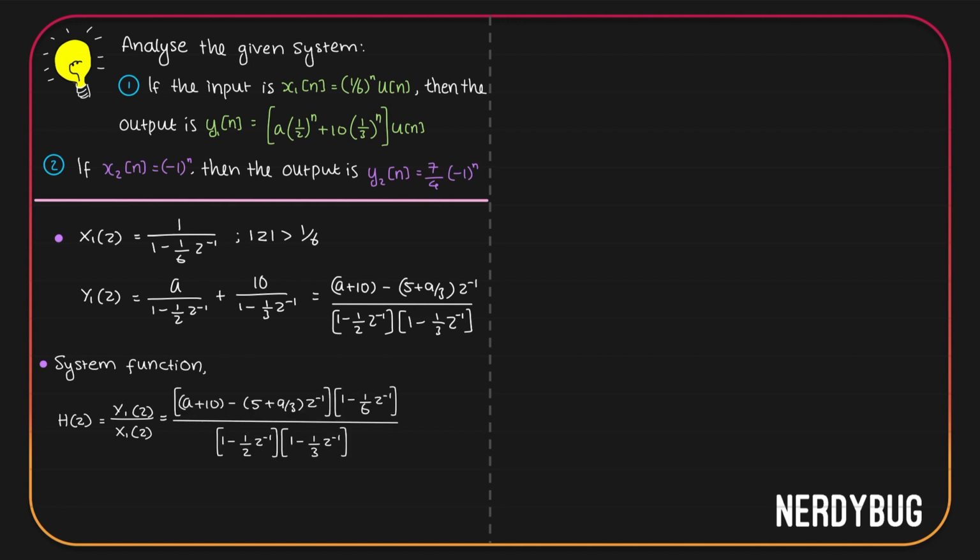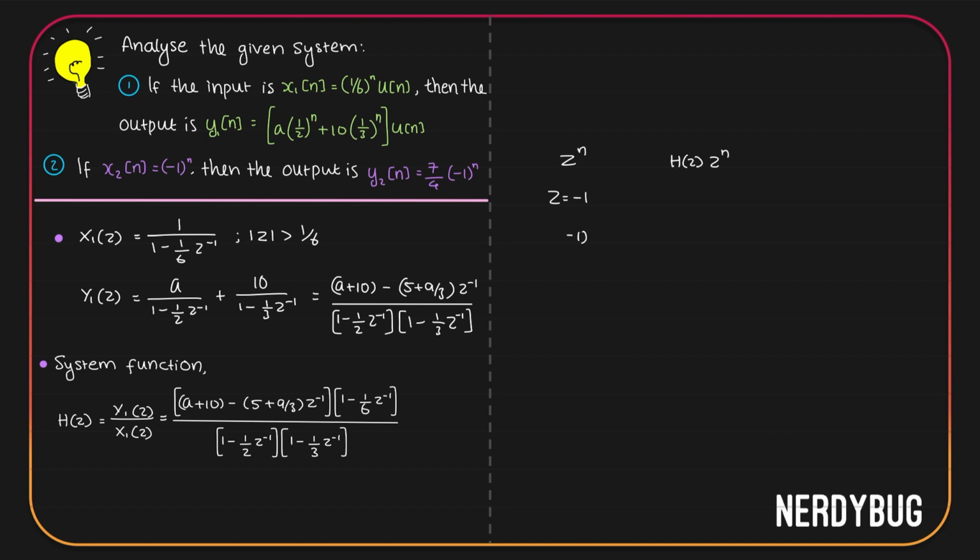Now consider the second part of the question. x2 of n is minus 1 raised to n, then y2 of n is a constant multiplied by minus 1 raised to n. We learned at the starting of this video, if the input is z raised to n, output is h of z, z raised to n. Let us take z is equal to minus 1.